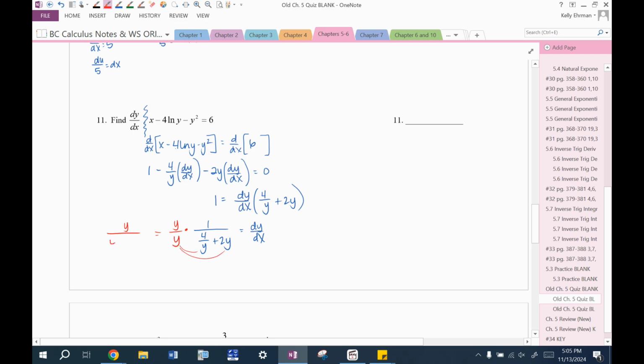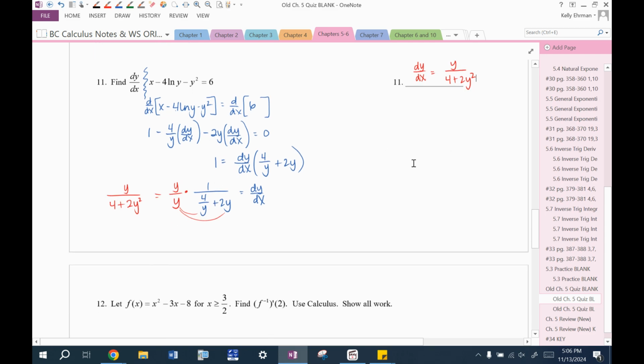And then 4 plus, sorry, 4 plus 2y squared on the bottom. So that's what I'm going to call dy dx for this one. y over 4 plus 2y squared. It's not wrong to have the complex fraction, but they wouldn't leave it like that if you're searching for a multiple choice answer.